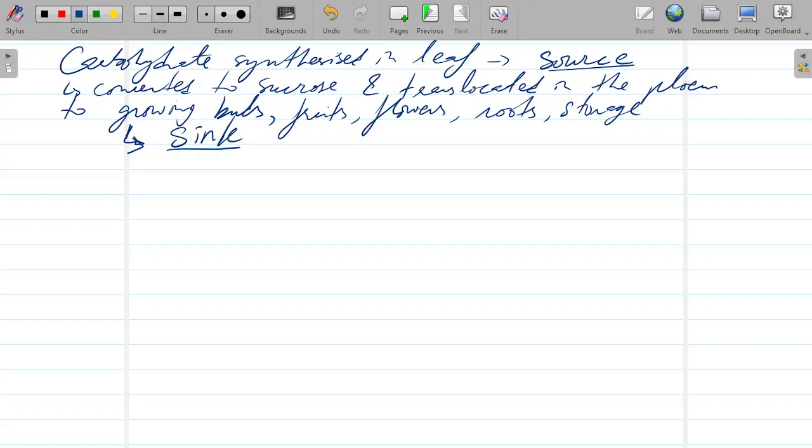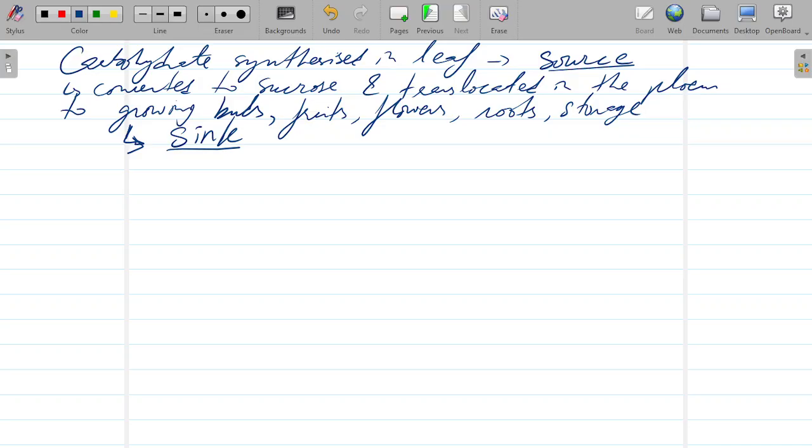And that is simply because not all the parts of the plant can photosynthesize. It majorly occurs in the leaves, and so it's translocated everywhere else.